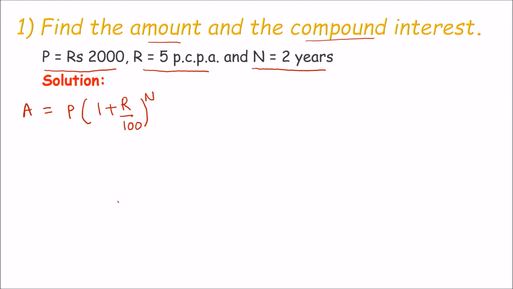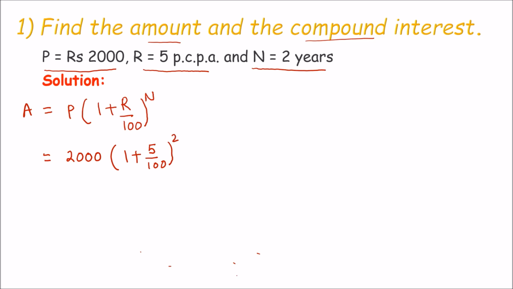Now we are going to substitute the value of P, the value of R and the value of N in this formula. So let's see what we'll get here. In the place of P we'll write 2000, 1 plus rate is given 5 percent per annum upon 100 whole raised to N, and N is given 2.